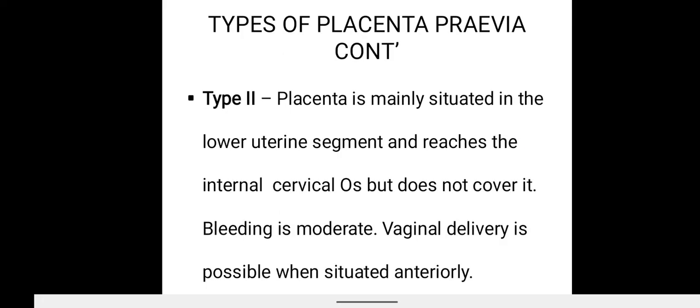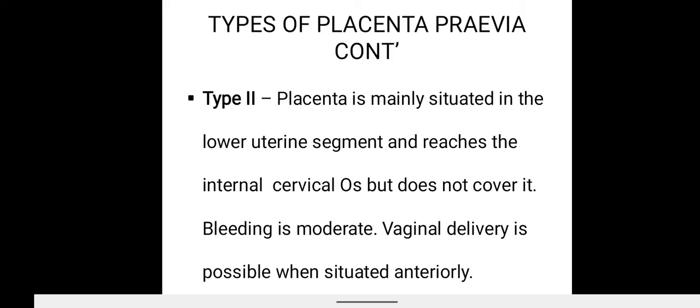Type 2 is also known as marginal. Under this placenta previa type 2, the placenta is mainly situated in the lower segment. Remember that the uterus is divided into two segments, the upper segment and the lower segment.